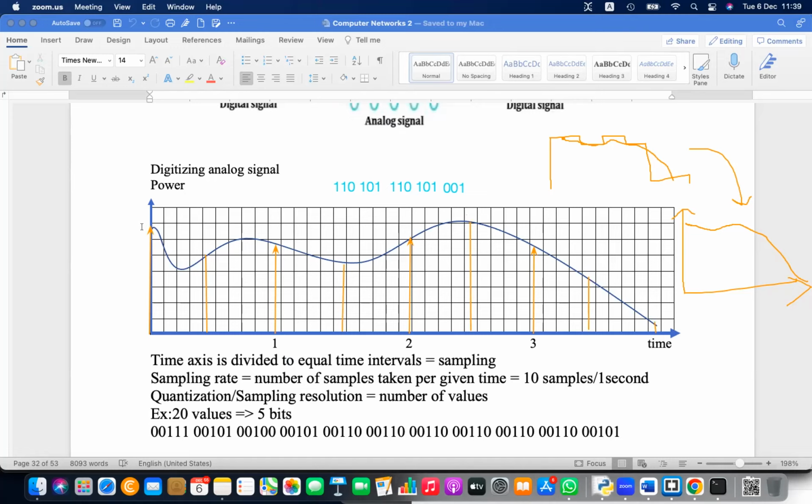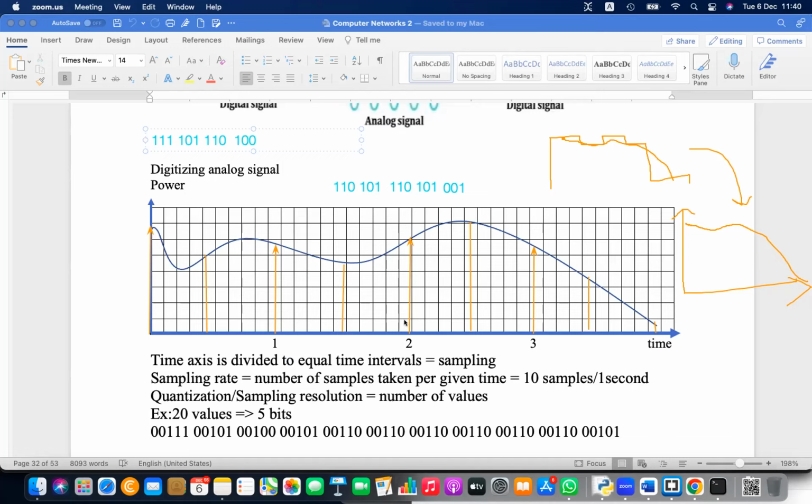Here, let's see, this level is 7. So I'm typing this now. 0, 1, 2, 3, 4, 5, 6, 7. Yeah, 7 is 1, 1, 1. Earlier we took 6, it's wrong, but anyway, let's say 7. And here 0, 1, 2, 3, 4, 5, 6. 5 is 1, 0, 1. 6 is 1, 1, 0. And then 4 point some. Let's use 4, 1, 0, 0.